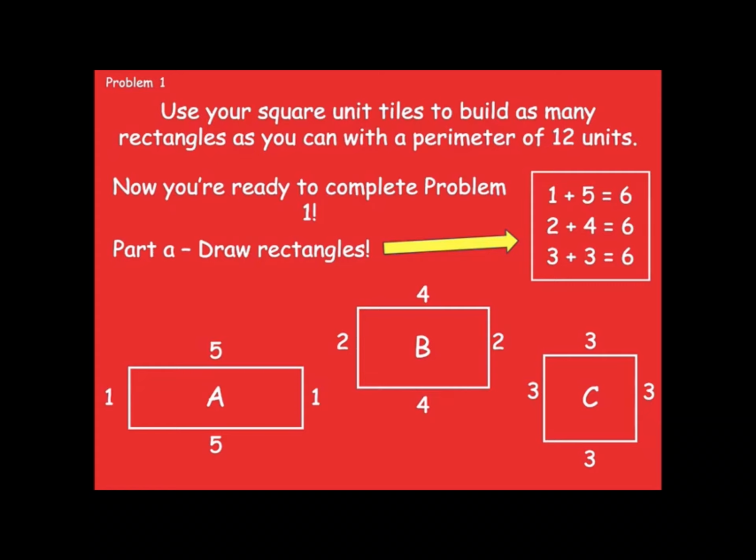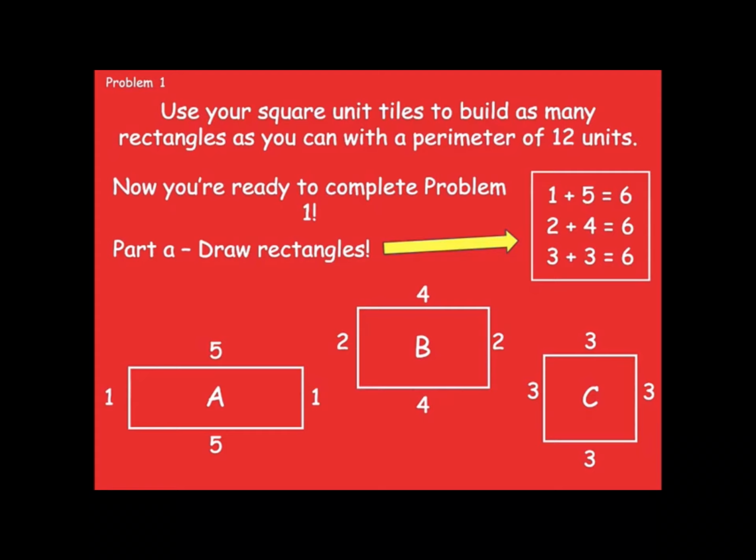All right, friends. So those are your rectangles, right? We just took it right from those combinations that we came up with. We have a 1 plus 5, a 2 plus 4, and a 3 plus 3. Now, I want you to notice that you can check to make sure that these all have a perimeter of 12 by adding the side lengths. So if we look at rectangle A, if I added 5 plus 5, that's 10, plus the 2 1s is 12.